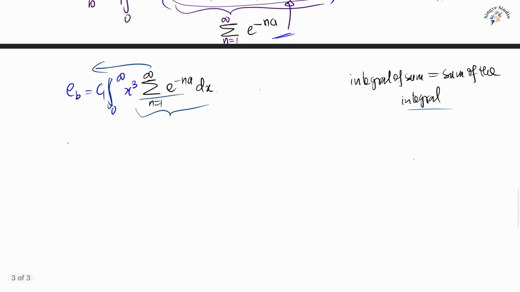So when you do that, E_b equals c1 times the summation of n equals 1 to infinity of the integral from 0 to infinity of x cubed e^(-na) dx.